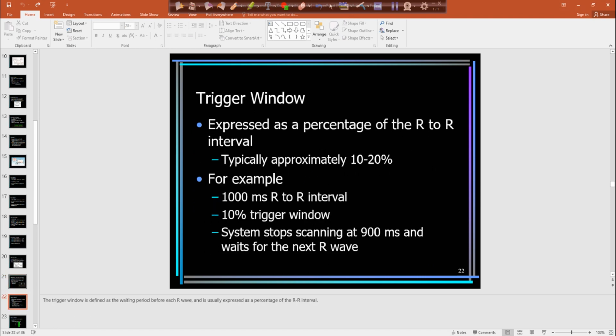All right, so our trigger window is a percentage of the R to R interval, and typically you want it about 10 to 20%. This is to compensate for patients that have arrhythmias, which are irregular heartbeats, and other unpredictable things within their cardiac cycle.